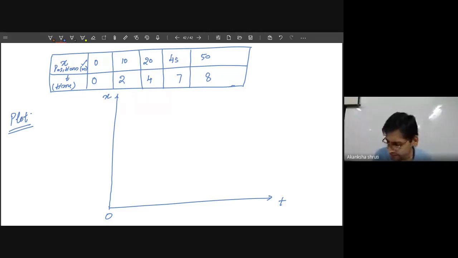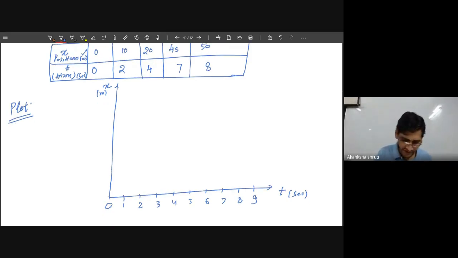Time is in second, and this is in meter. Student, here we are observing that time given is in second, and it is up to 8 seconds only, so it can be put on this axis very easily. Let me write 1, 2, 3, 4, 5, 6, 7, 8, 9. It is this one. If you have graph paper, then please plot it on your graph paper. If not, then at least draw this scale.